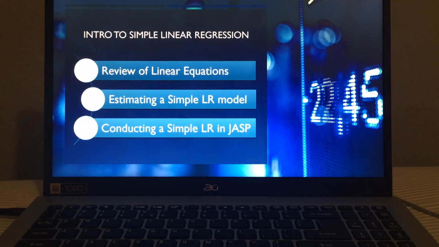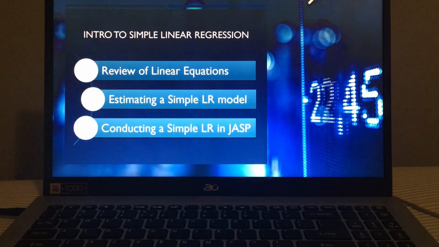So let's translate this. It looks different from our algebraic formula, but it's actually pretty similar when we break it down. The predicted value of y with the subscript i, or estimation of that y, looks familiar, and that is again the dependent variable, for the ith individual.